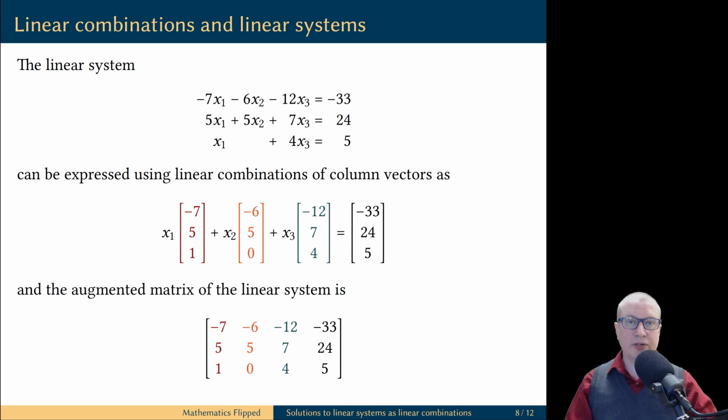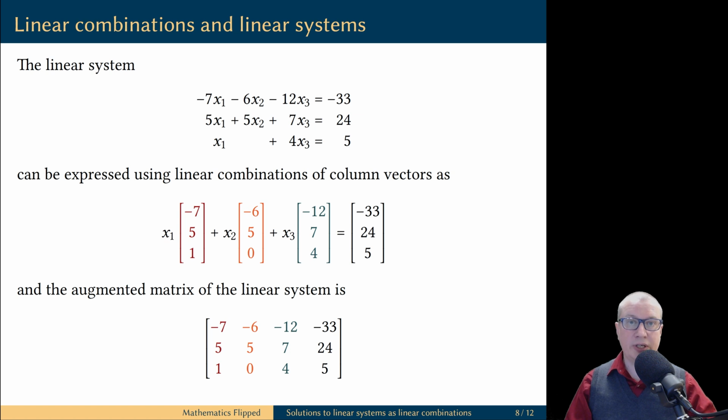The original linear system, which involves 3 equations, is equivalent to one single vector equation, where we have a linear combination on the left-hand side. Moreover, the variables in the original linear system are used as scalars in that linear combination. To solve the linear system means to find the values of the variables that satisfy all equations.